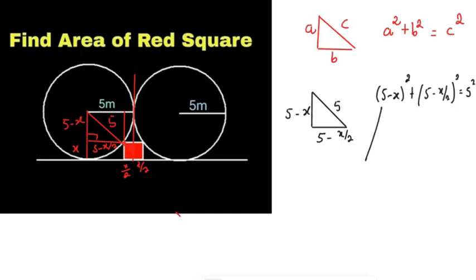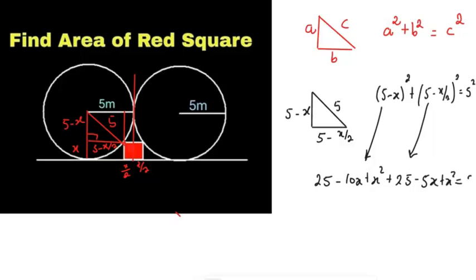Now, if you expand this, we get 25 minus 10x plus x squared. So if you expand this one here, we get plus 25 minus 5x plus x squared over 4.